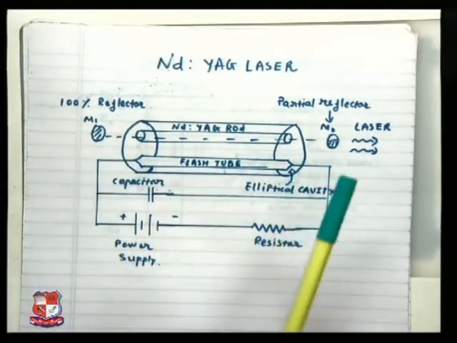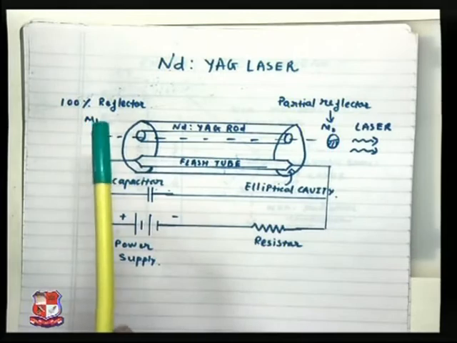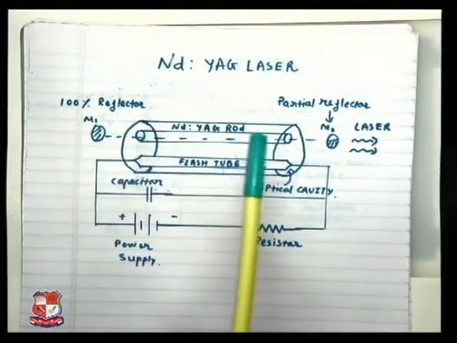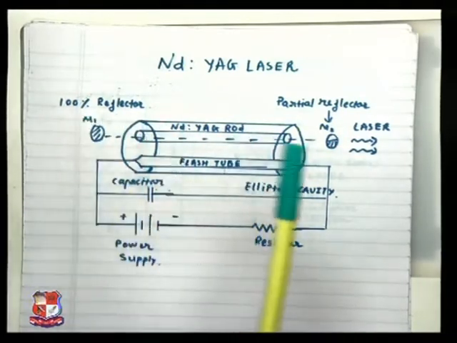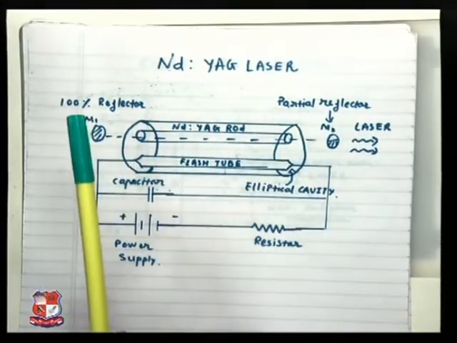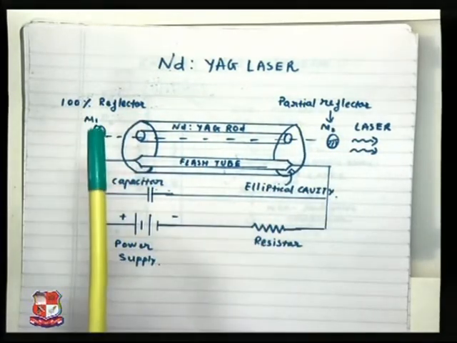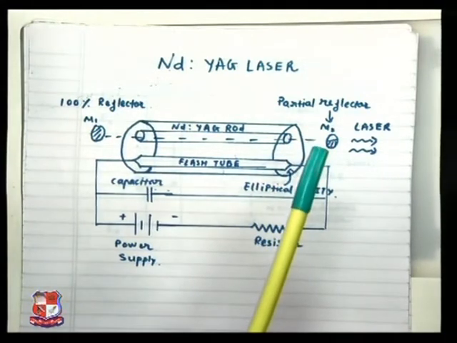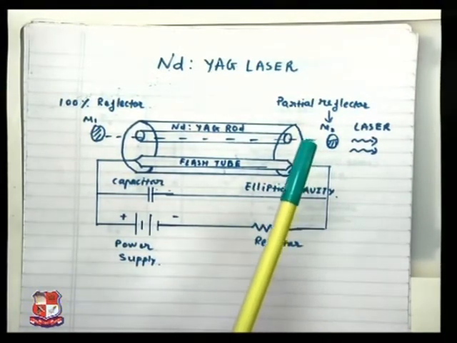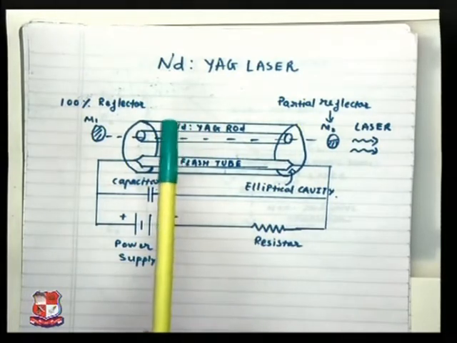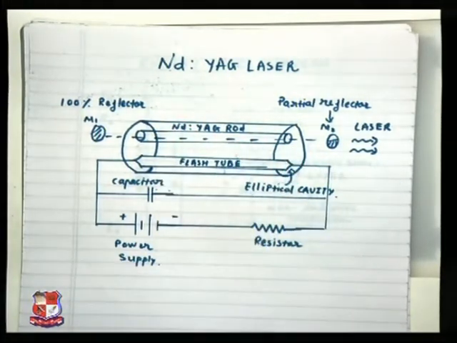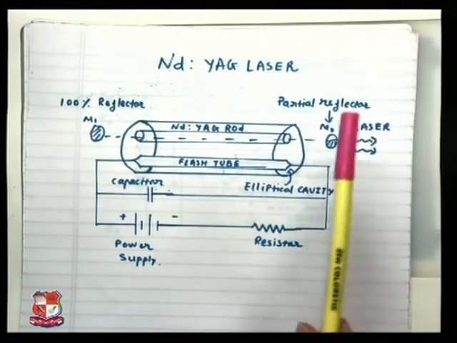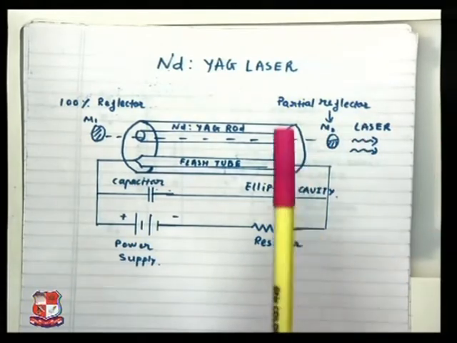M1 and M2 are the optical resonators, that is the reflectors. One is a 100% reflector and the second is a partial reflector, which reflects some photons and lets some pass through. In the next direction you can see the laser generated through stimulated emission.